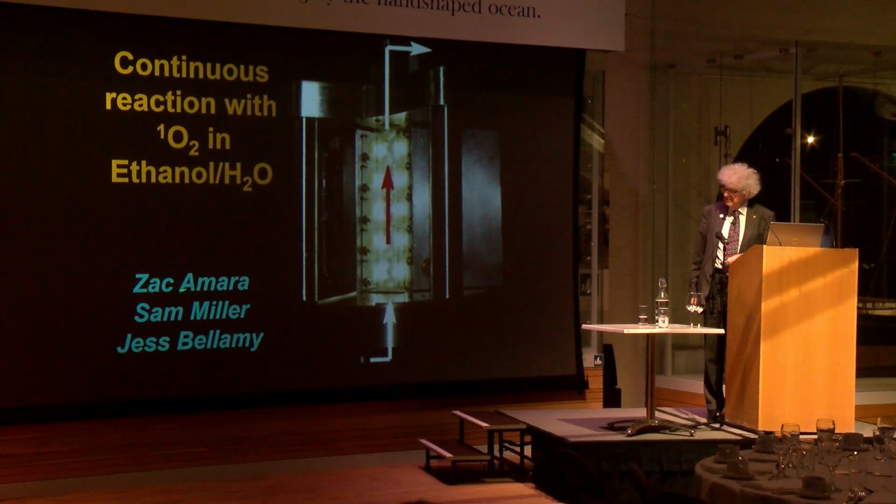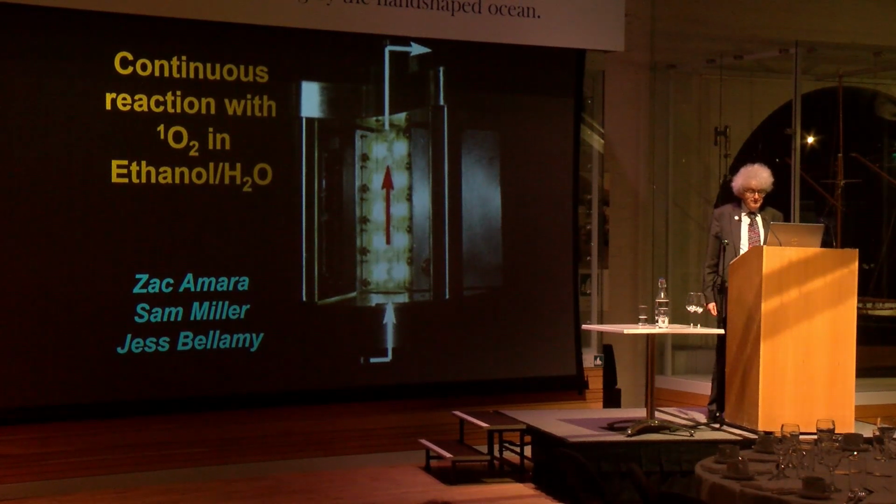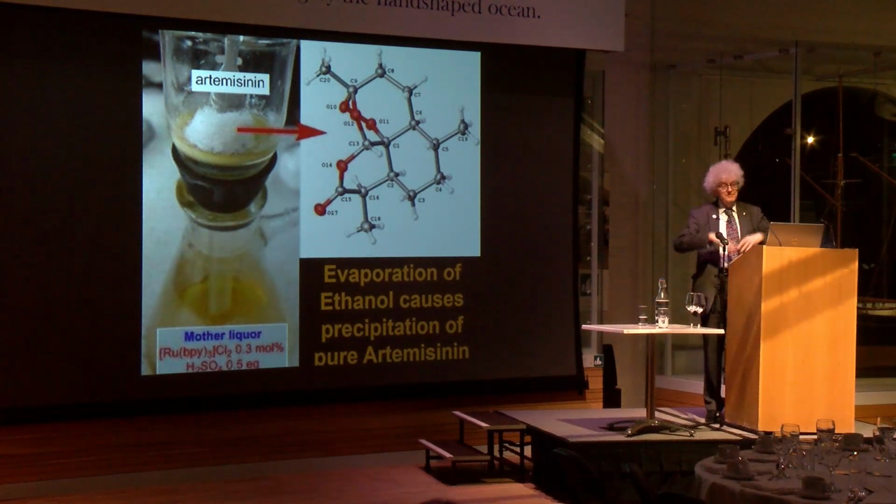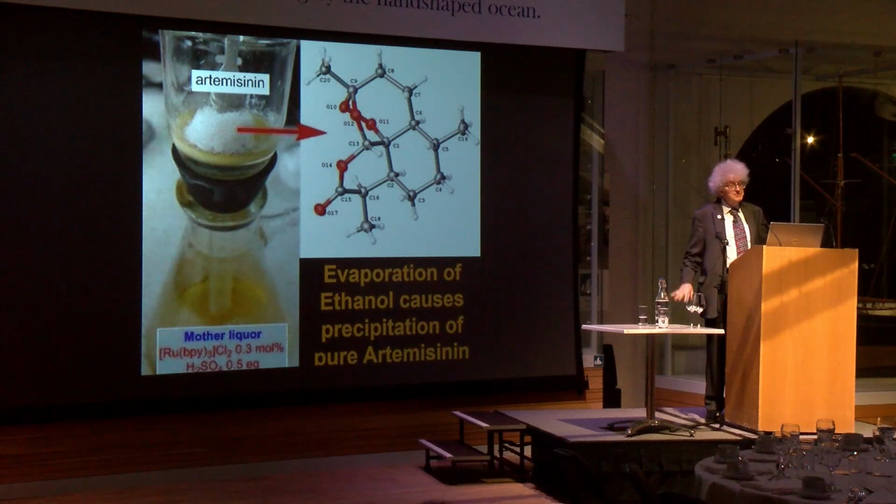And this was done again by Zach and two students, Sam Miller and Jess Bellamy. And it worked really well, but the most exciting thing was at the end, when we started to evaporate off the ethanol, and the artemisinin precipitated completely pure.